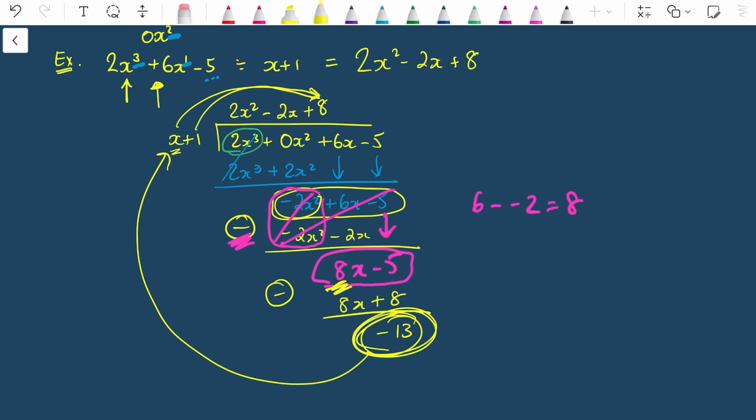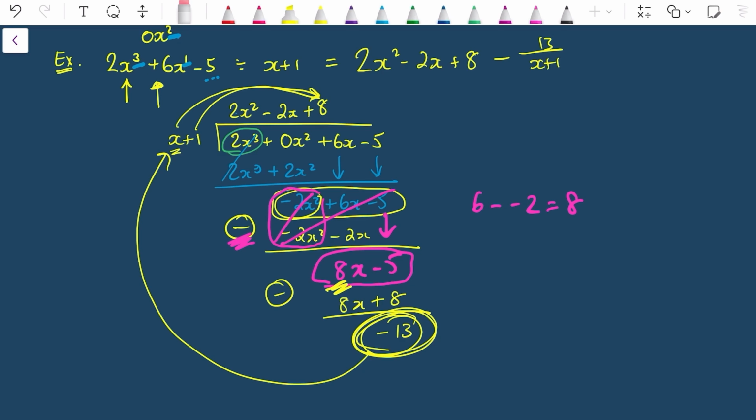So I've got plus negative 13 over x plus 1. And strictly speaking, if I add a negative, it's just going to become a negative. So that's going to be negative 13 over x plus 1.